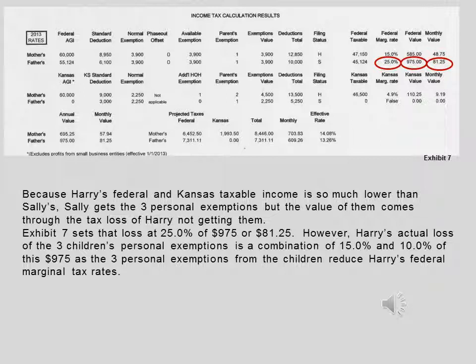However, Harry's actual loss of the 3 children's personal exemptions is a combination of 15% and 10% of this $975, as the 3 personal exemptions from the children reduce Harry's federal marginal tax rates.